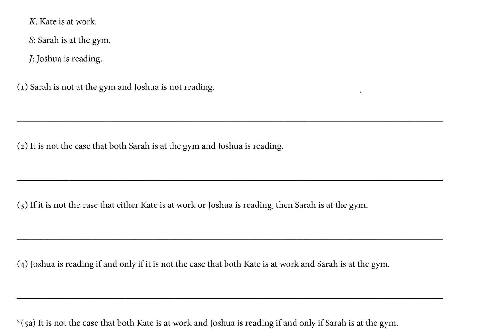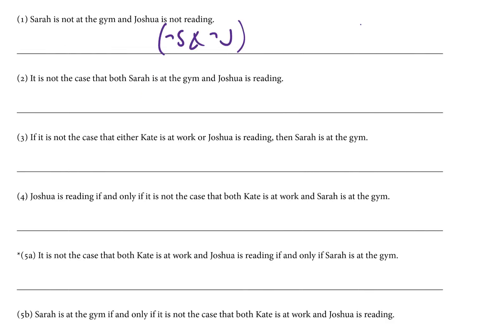Okay, so starting here with the first one, Sarah is not at the gym and Joshua is not reading. This we just do as not S and not J. Okay, and when we have a not that applies to just a single atomic sentence, like we do here, then typically we would put the not in the sentence.